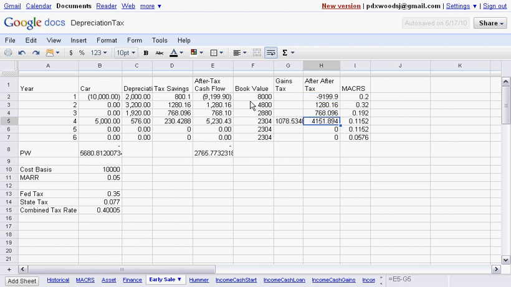If you didn't have to pay back all that depreciation, you would have had cash flow in year 4 of $5,230.43, but because you have to pay back all that depreciation, or at least the tax value of the depreciation, to the government, your positive cash flow is only $4,151.89. So again, this is what happens when you sell a car for something other than its book value.